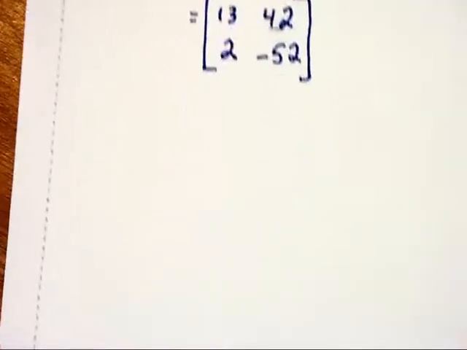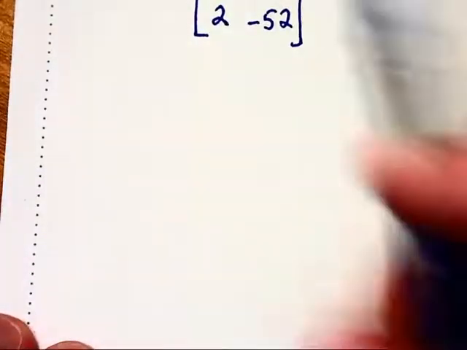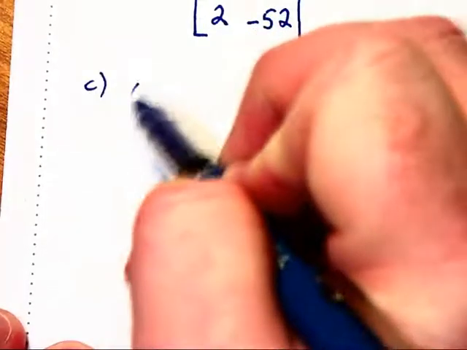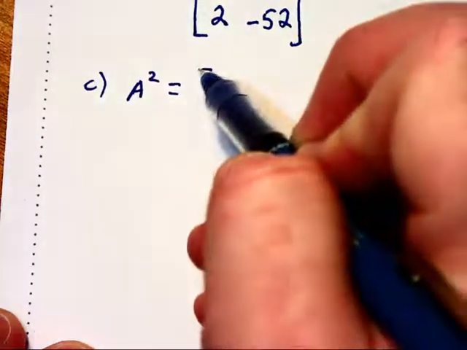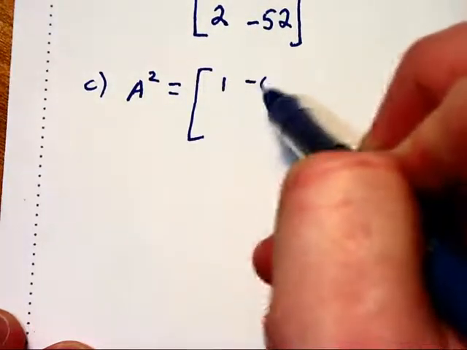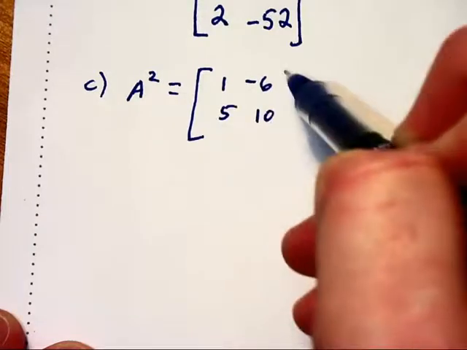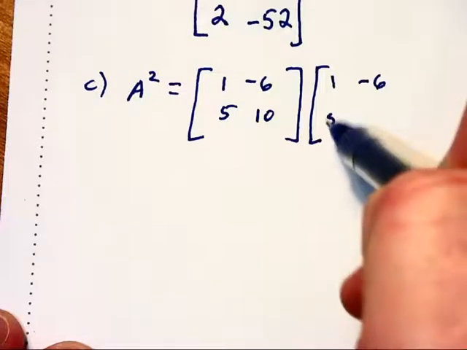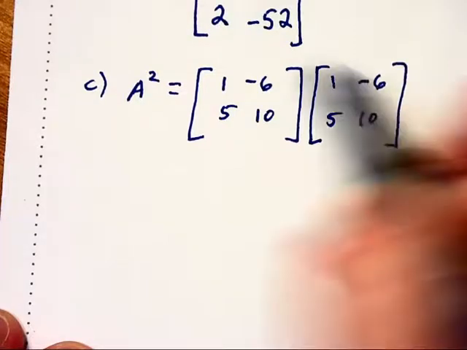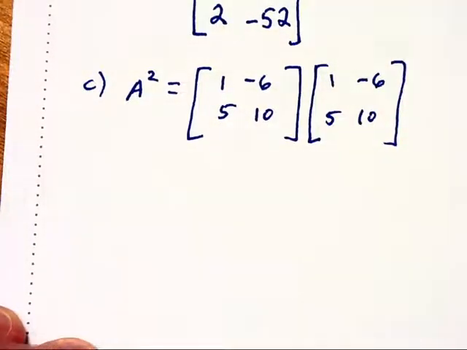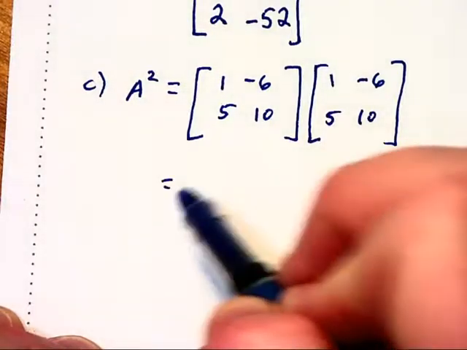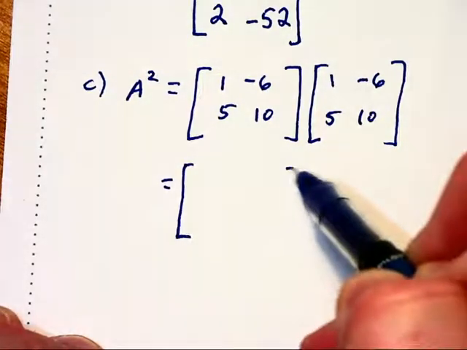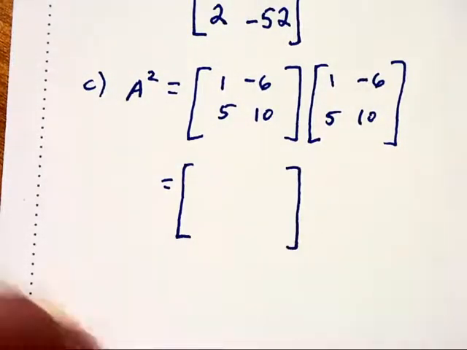Finally, for part C, they want us to find A squared. A squared is going to be A, which is 1, negative 6, 5, 10, times itself, 1, negative 6, 5, 10. You cannot just square each number inside, as you're soon going to see. These are each 2 by 2's, so the product will be a 2 by 2.